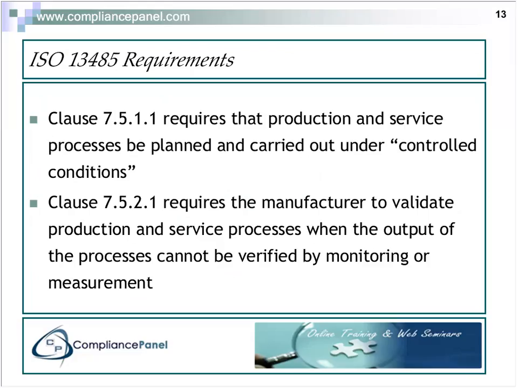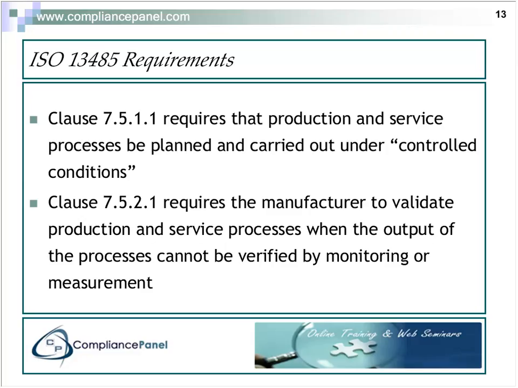In Clause 7.5.1.1 in this standard, and generally Clause 7 is product realization, it does require that production and service processes, and notice it says production and service, must be planned and carried out under controlled conditions.